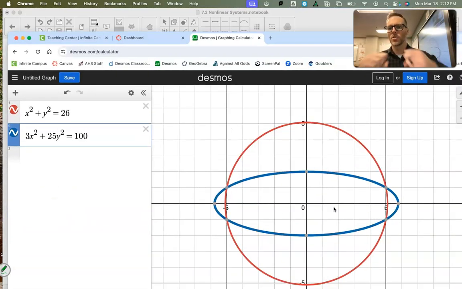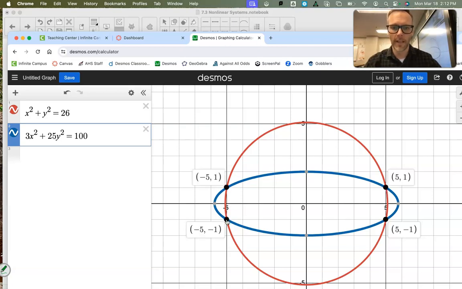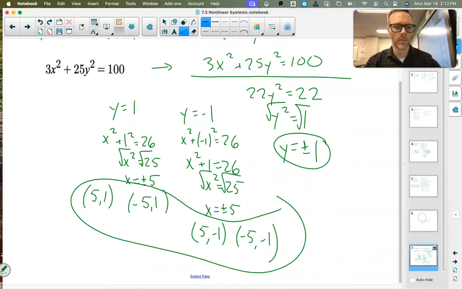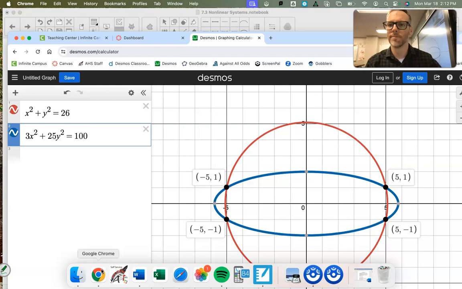We can see that it's stretched out more horizontally. And look at that, that's kind of a cool picture. Kind of looks like a planet with a ring around it, doesn't it? We end up with 4 solutions: 5, 1; 5, negative 1; negative 5, 1; and negative 5, negative 1. All 4 of our solutions.